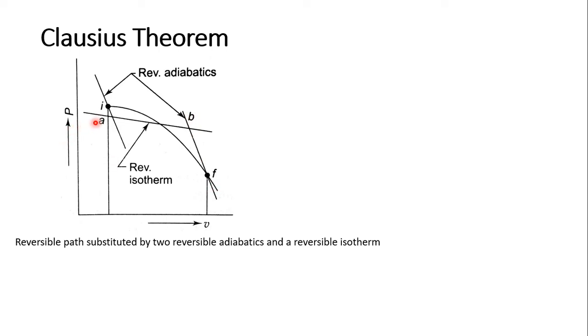This line will be AB, the reversible isothermal.